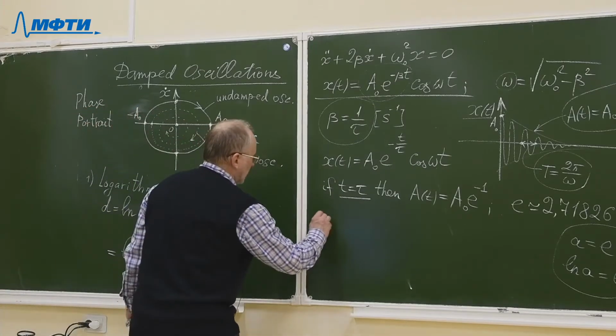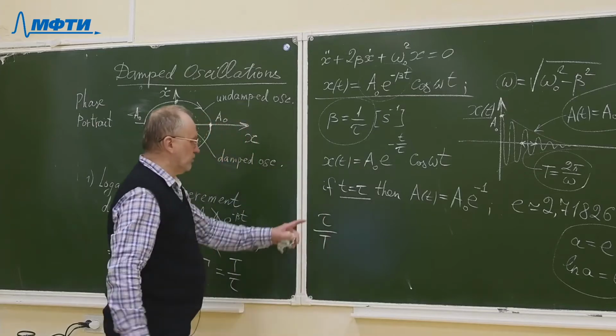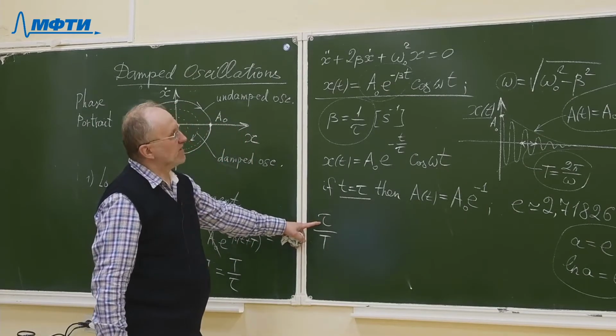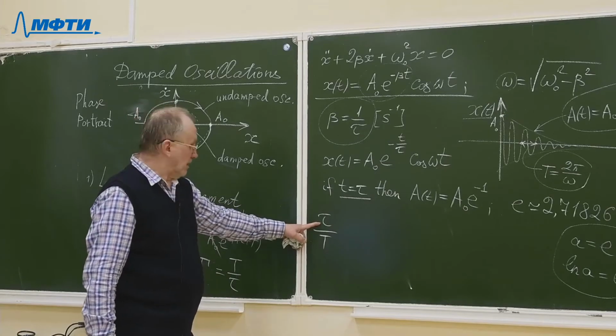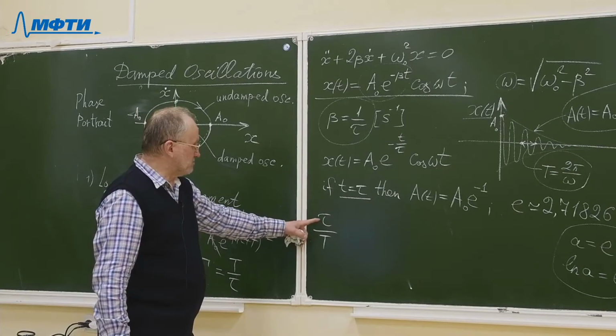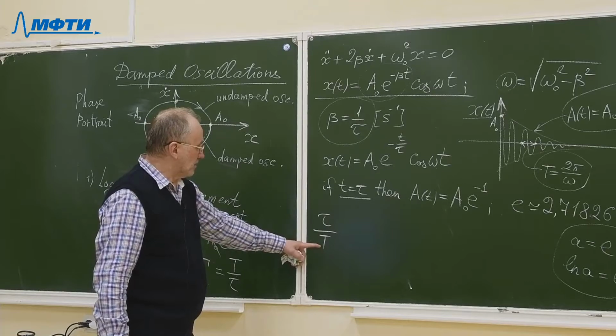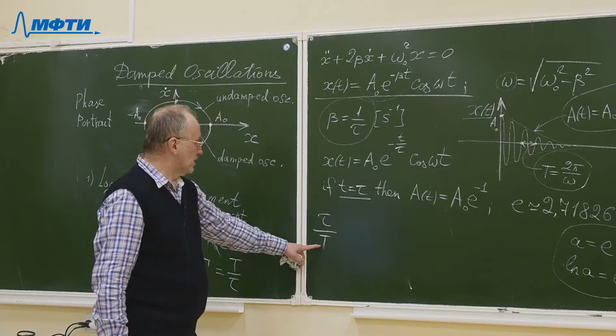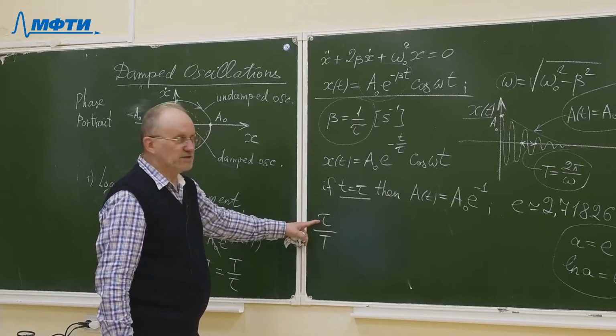What if we consider tau divided by period? Tau is the time needed to reduce the amplitude by a factor of e. And if we divide this time by capital T, we will obtain the number of periods in this time interval.